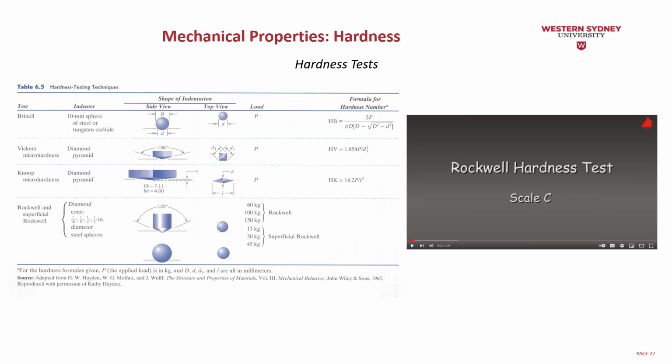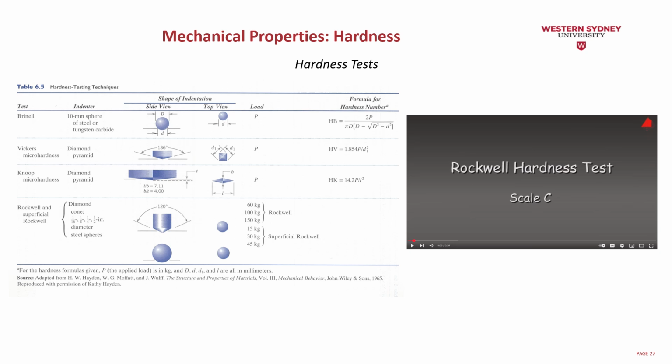Then we're going to use this equation, with the diameter of the sphere, the diameter of the indentation, and the pressure value. So at the end, we're going to have the value as a unitless number, and we can use that to make a comparison between the different materials.